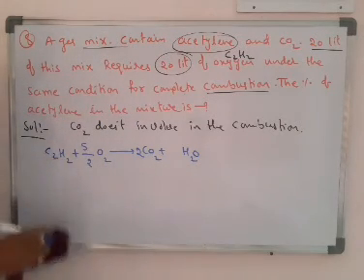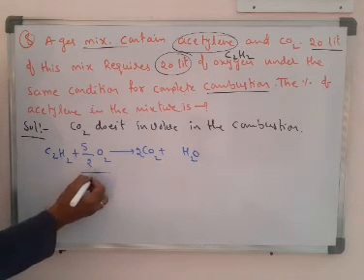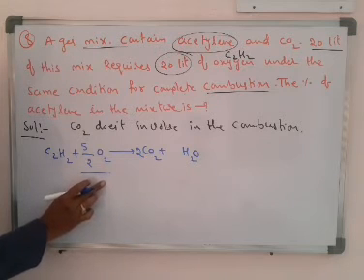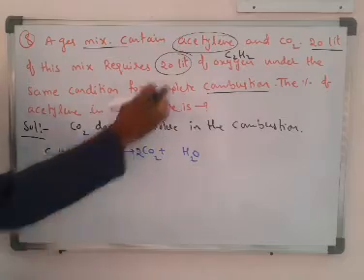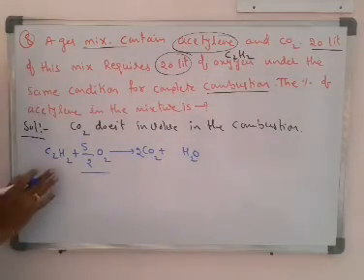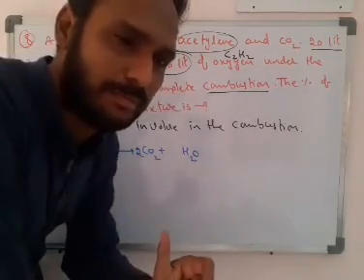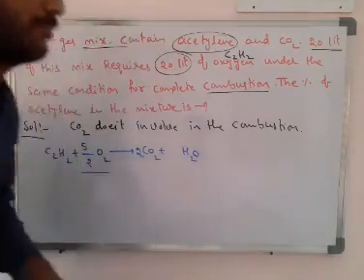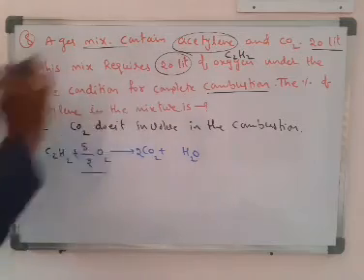How much oxygen is required? 5/2 moles means 5/2 into 22.4 liters of oxygen. Everything is given in terms of liters. For complete combustion we have to find how much oxygen is required. 20 liters of oxygen is required.